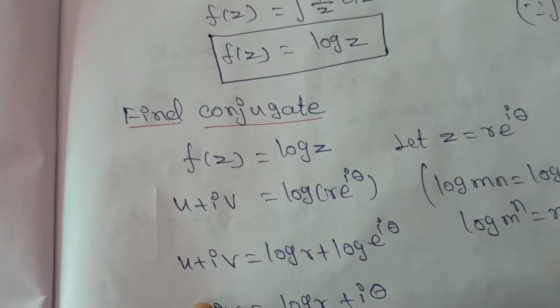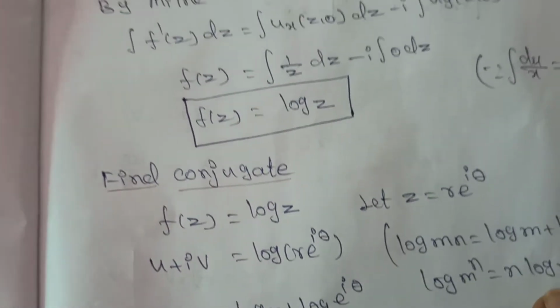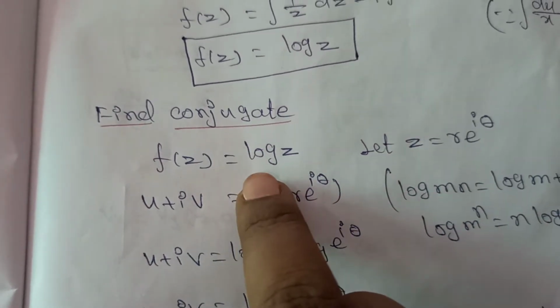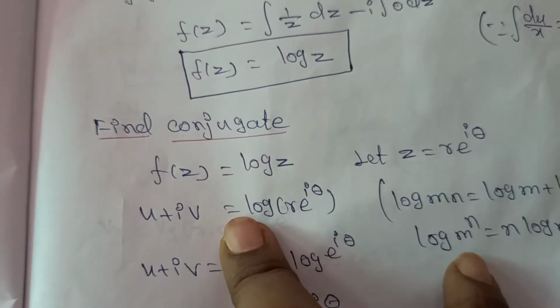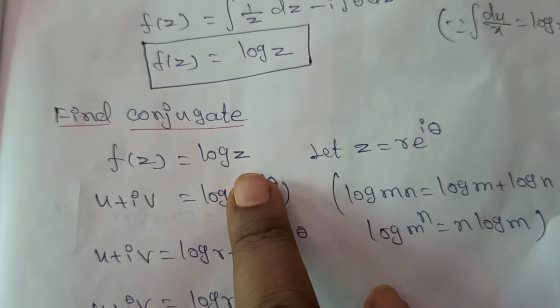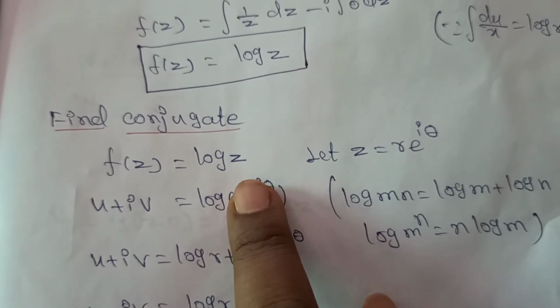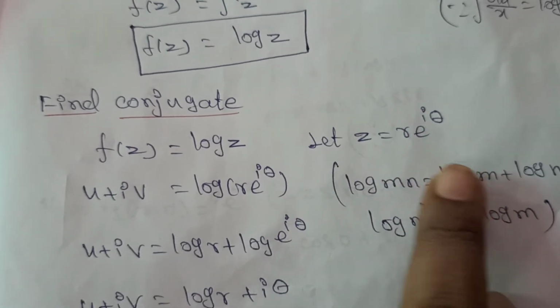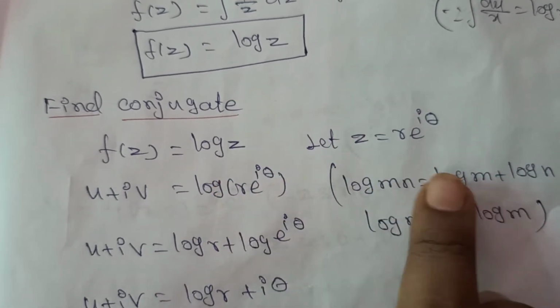And now find the conjugate. Okay, once again write the analytic function answer: f of z is equal to log z. Since we have the log z condition with exponential, we can use the polar condition.